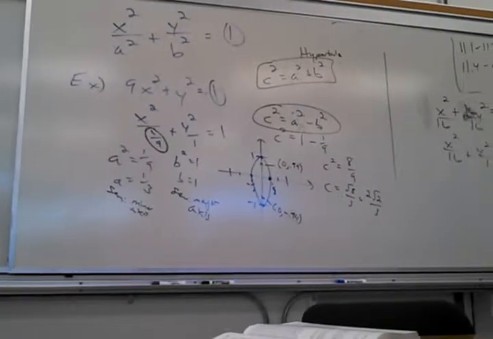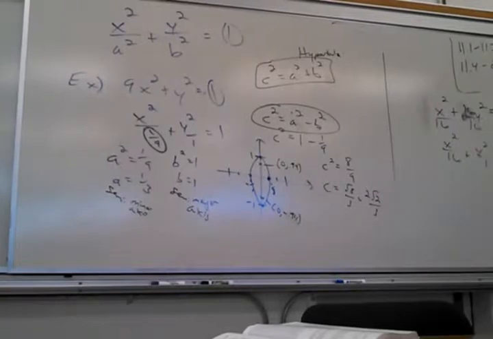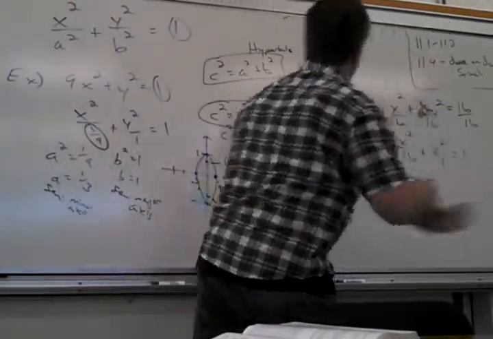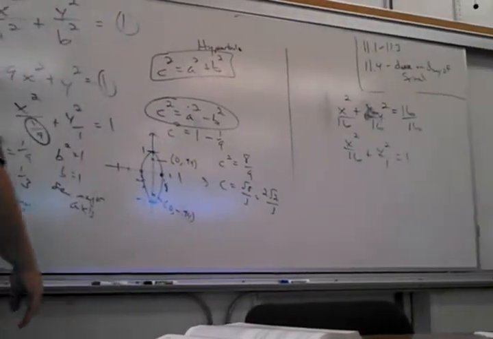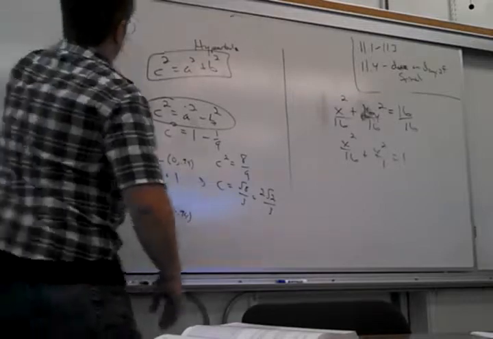Be careful here. So a is 4, and a squared is 16.